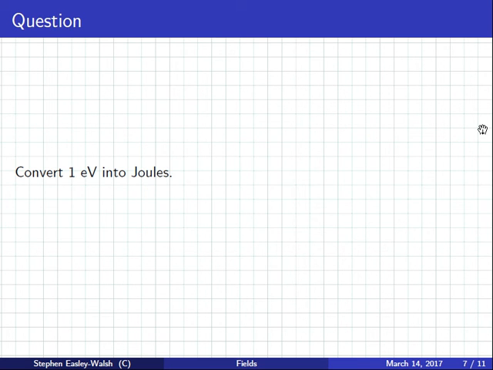Here is a very small question which I've already done. What is 1 electron volt converted into joules? 1.6 times 10 to the minus 19 joules. Already done it. Here's one for you to do now. Convert 1 joule into electron volts.